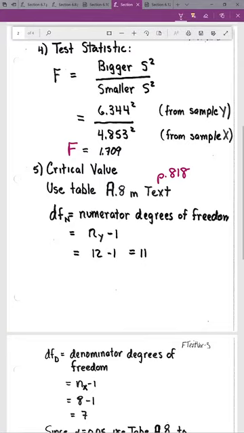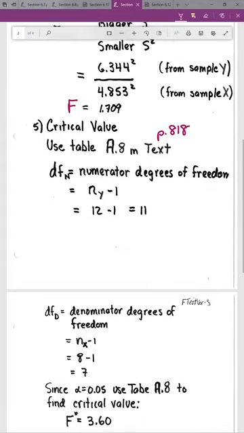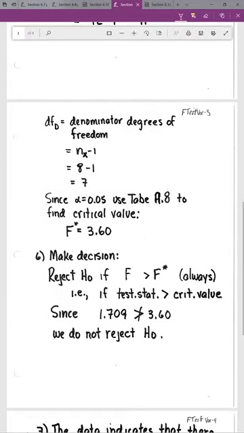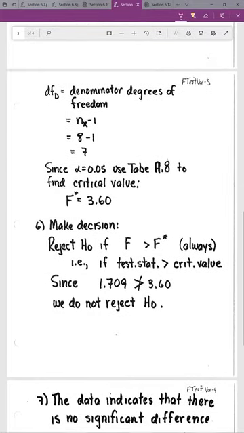To use our F table, we have to use our two degrees of freedom. For our numerator, since our numerator was from sample y, that will be ny minus 1, or 12 minus 1, which equals 11. Next, our denominator was sample x, so nx minus 1, or 8 minus 1, which will equal 7.